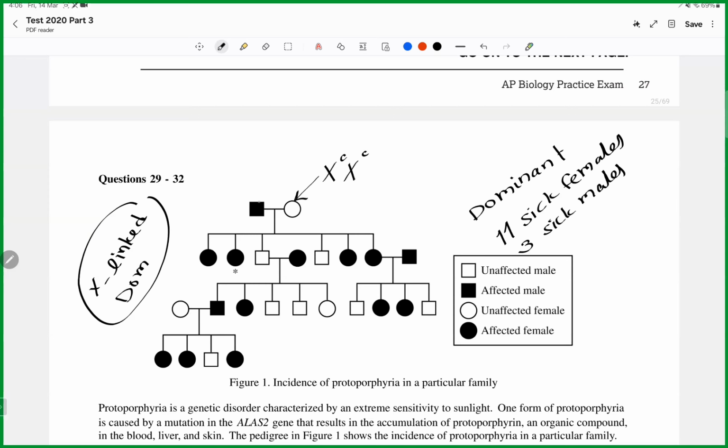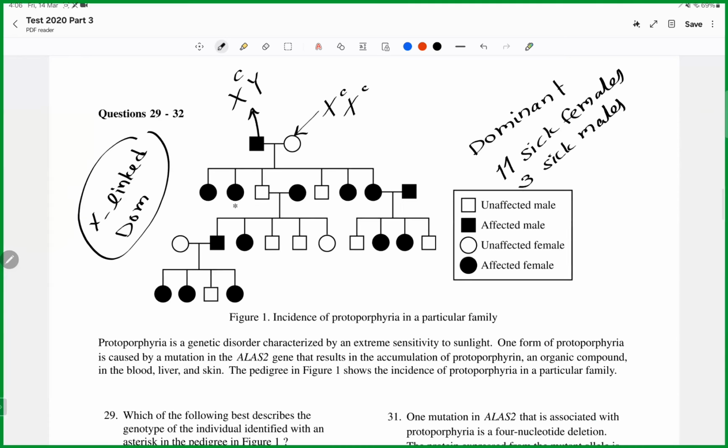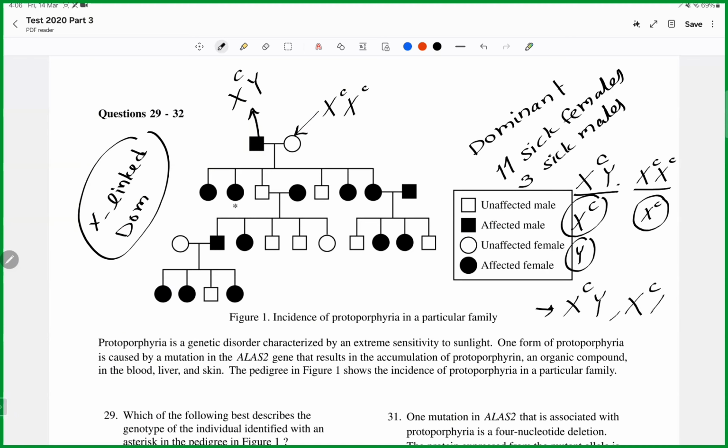He has to have the capital C. No, he only has one X. Males only have one X. Exactly. X small c, X capital C Y. We get X capital C Y, X capital C X small c.